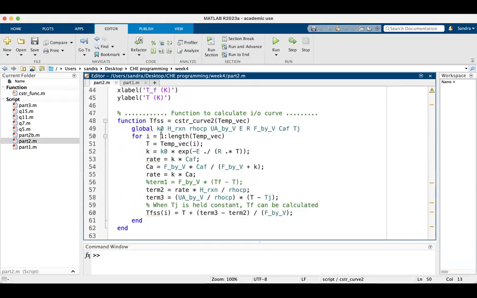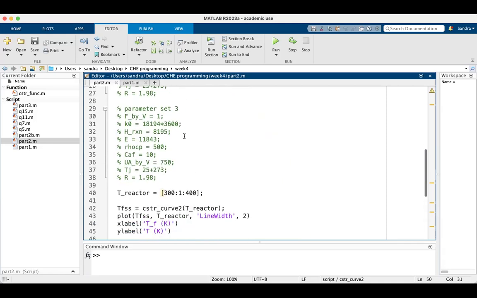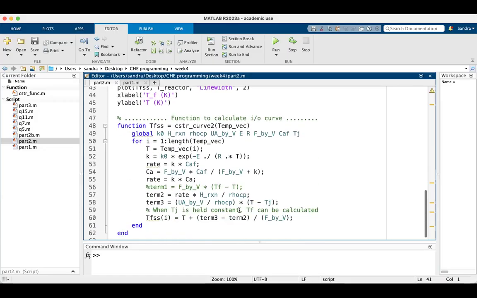Okay. Now, what we have is 1 to the length of T vec. So basically, T vec is here. It has temperatures varying from 300 to 400. So for each element, 1 to length of temp vec means from index 1 to whatever is the last index of the temp vec array.